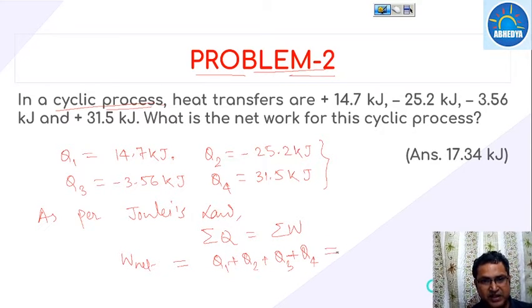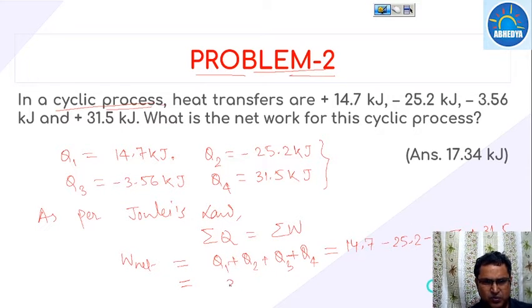If we add all these, that is 14.7 minus 25.2 minus 3.56 plus 31.5.